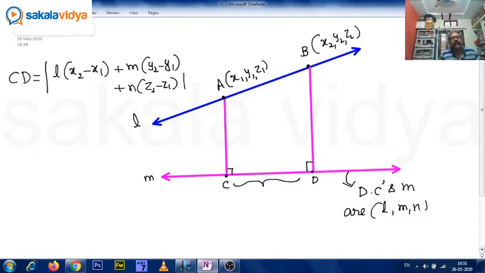So this is the formula to find out the length of the projection of a line joining the points x1, y1, z1 and x2, y2, z2 on the line whose direction cosines are l, m, n. This is very, very important. Even this will be very important for vectors also. In vectors also, the length of the projection of the line on the other line, or the shortest distance also. So that we will discuss in the vectors chapter.